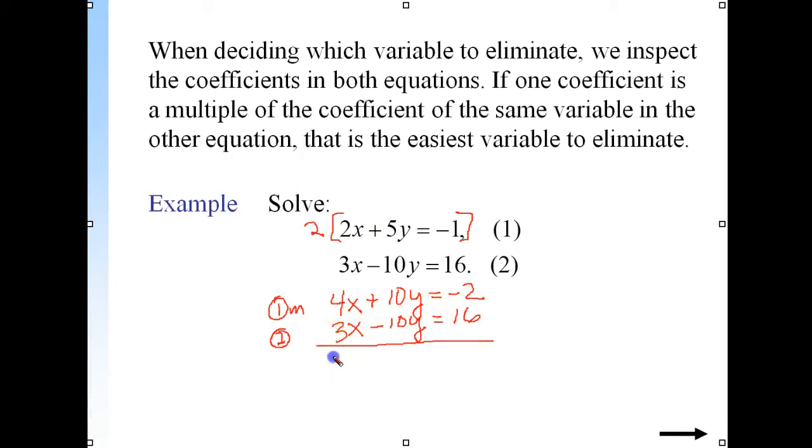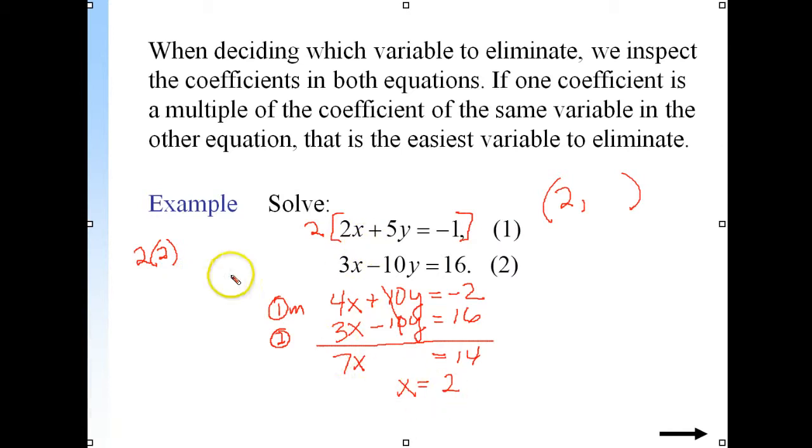But now I get 7x. These cancel out. And here, when I add them up, I get a positive 14. And I get x equals 2. So again, the first member of my ordered pair is 2. Now I can use either equation, and I'll use this first one. You can use the original equation. It's going to be 2 times 2.